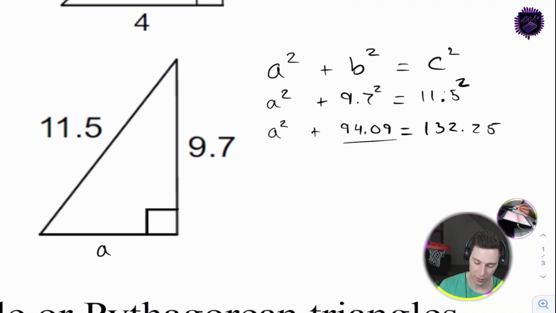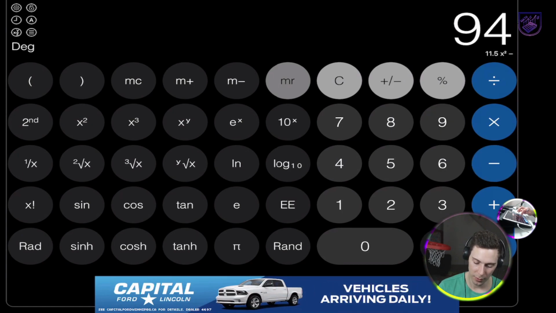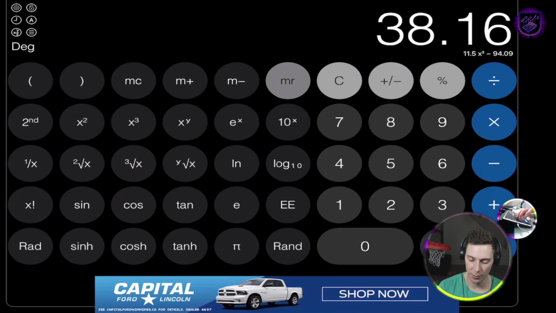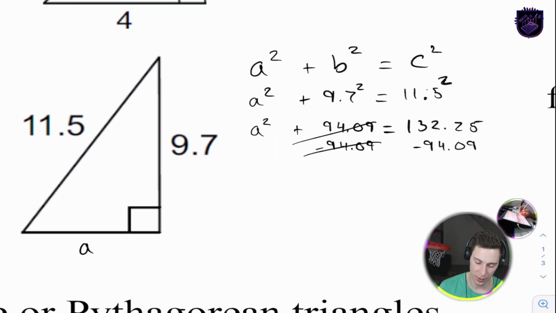So we can subtract 94.09 on this side to cancel out. We have to do the same thing to the other side. 132.25 minus 94.09 equals 38.16. A squared will be equal to 38.16.